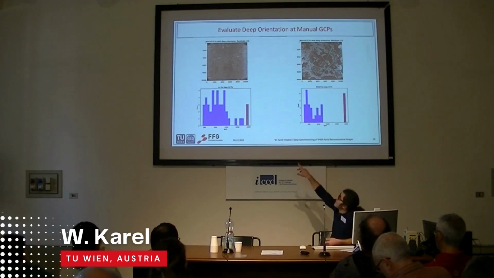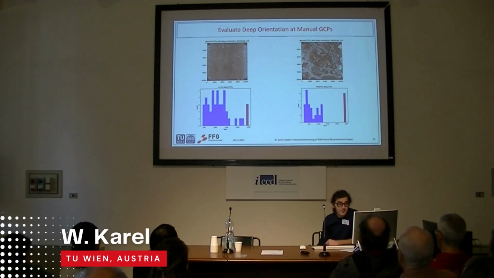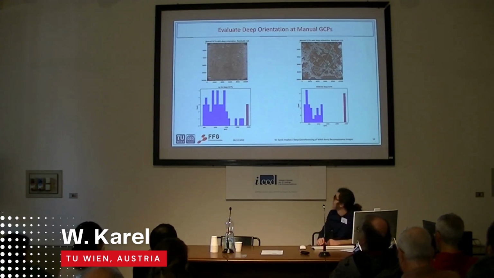In the lower row, on the left we see the precision of the deep features themselves using perspective transform from the deep object coordinates. So it's about 1 millimeter, which isn't so bad, but could of course be much better.